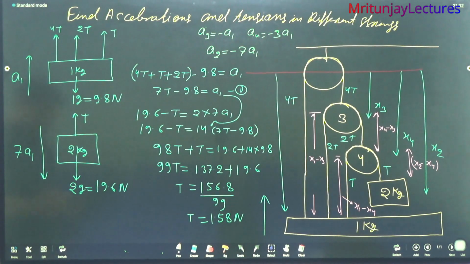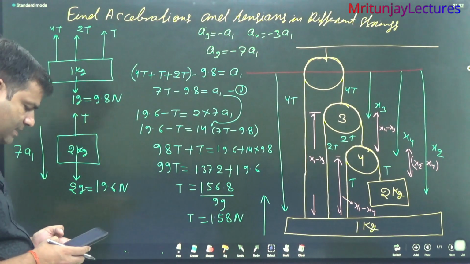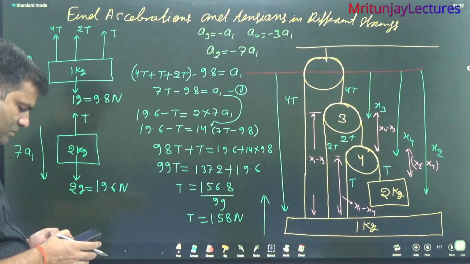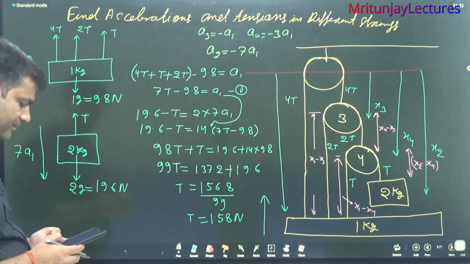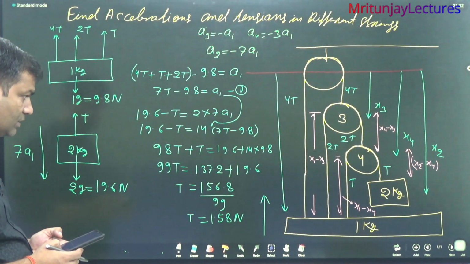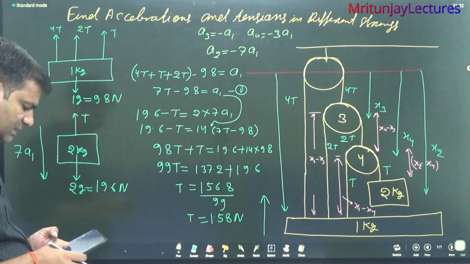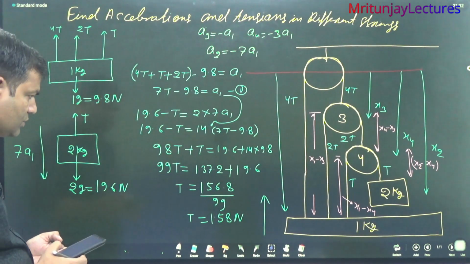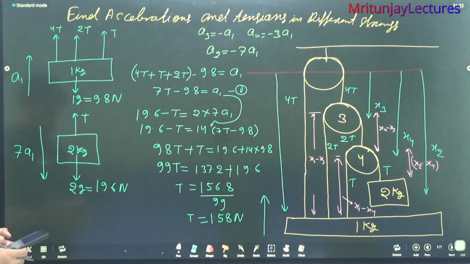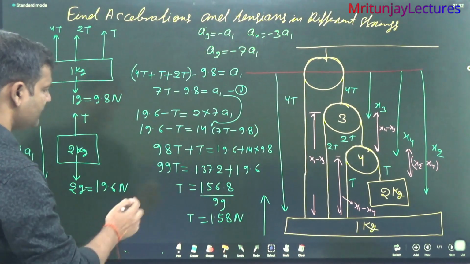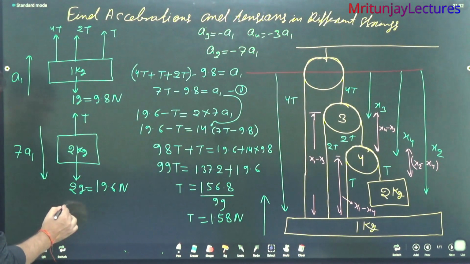It is 19.6 plus 137.2. Clear? Right answer. Now next target, if this value is put here, then we get A1.